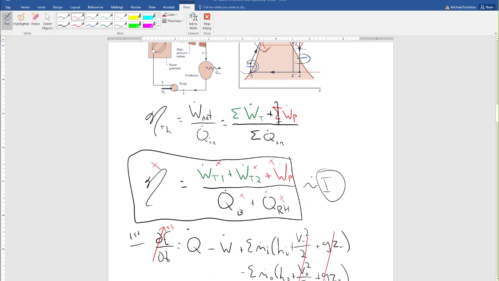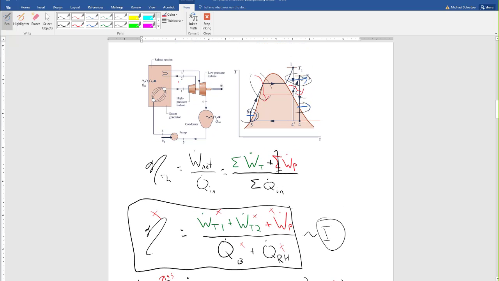And here I can look back and I see that for the parts that I'm interested in, the pump has only one inlet, one outlet. The first stage of the boiler, one inlet, one outlet. The turbine, one inlet, one outlet. All of these things have one inlet, one outlet.